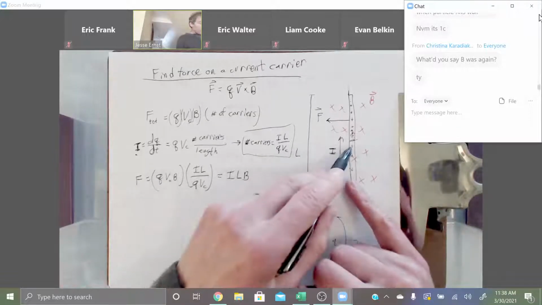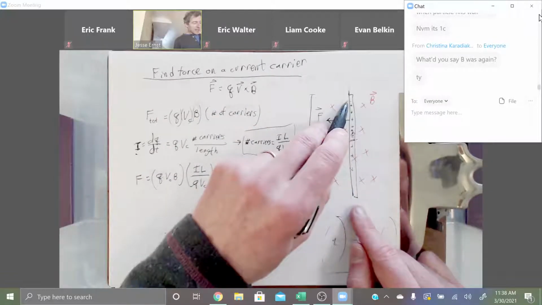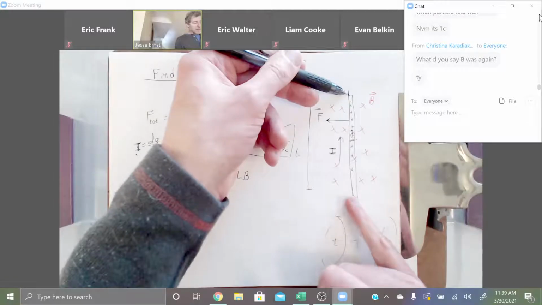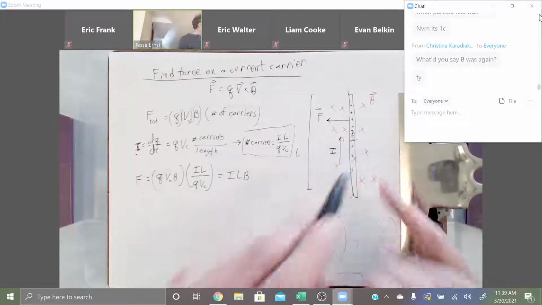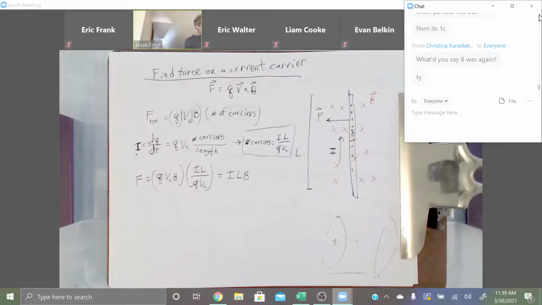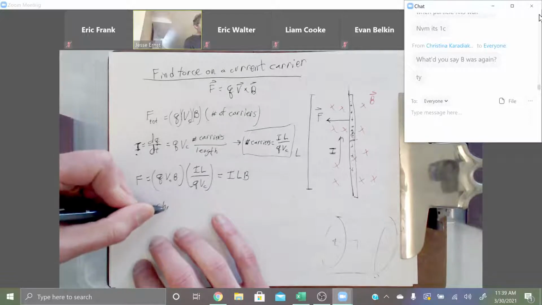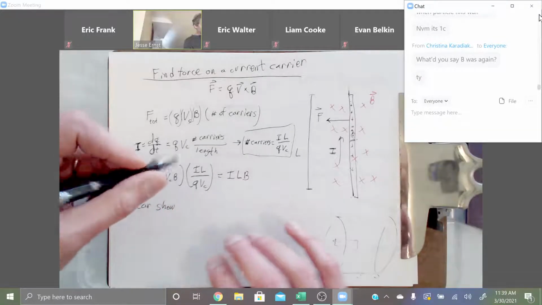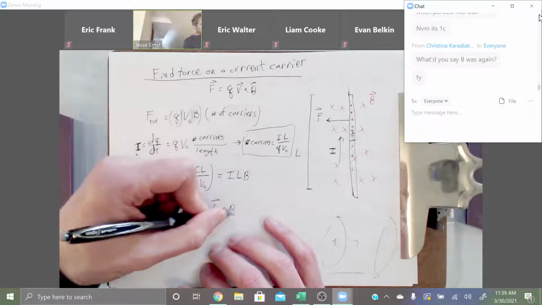So the total force on this wire in this arrangement is going to be I, the current in it, times L, the length of the wire, times B, the strength of the B field. And you can show, we're not going to show this, but in general, you can show that the force is equal to I times L vector cross B vector.